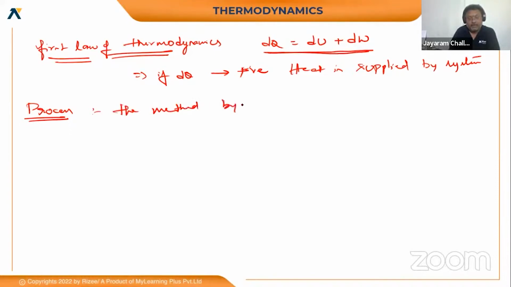by which pressure, volume and temperature can be changed.